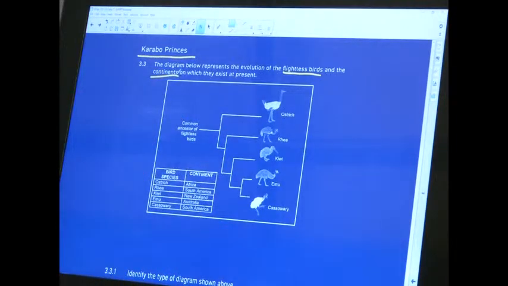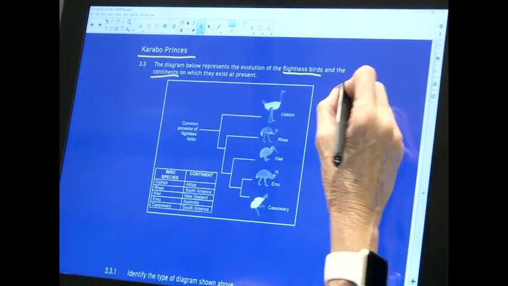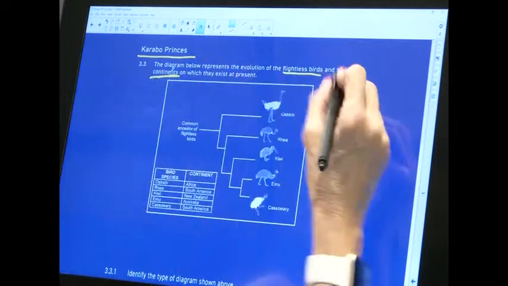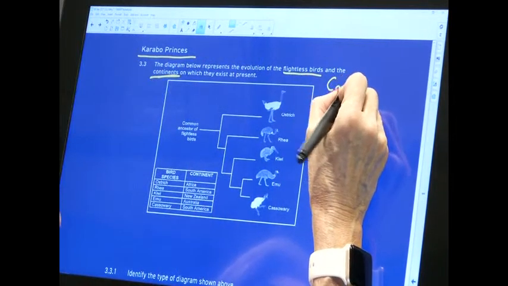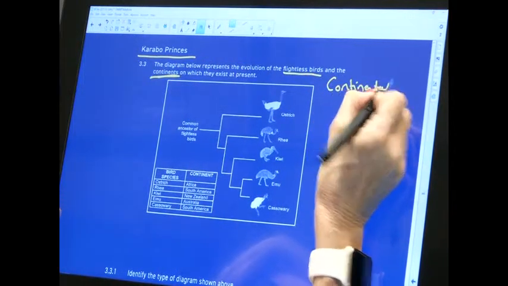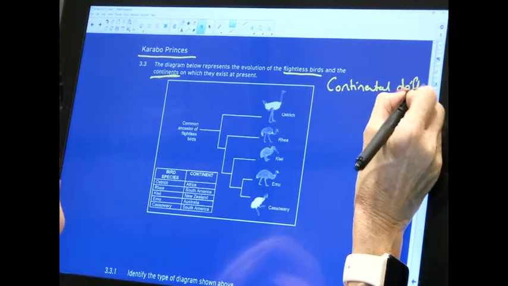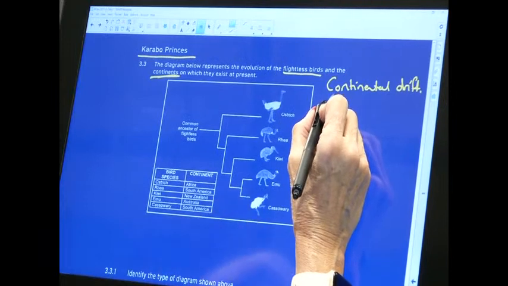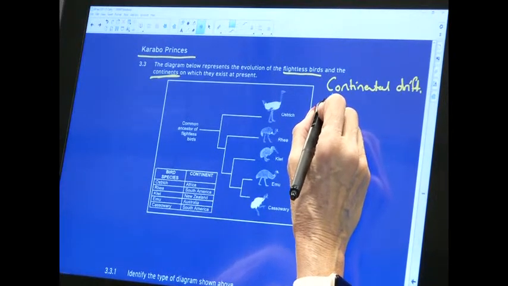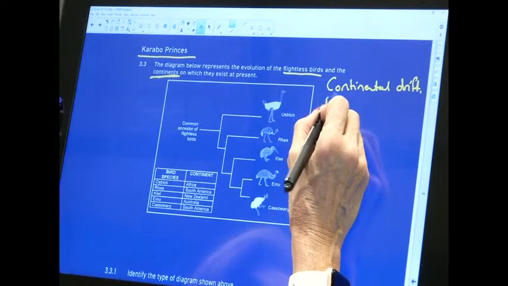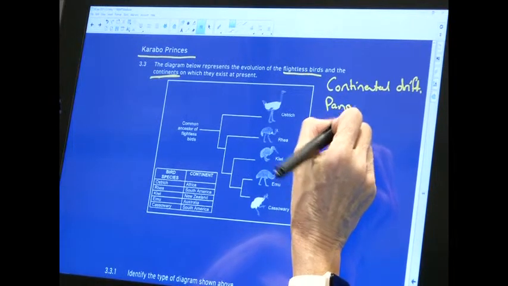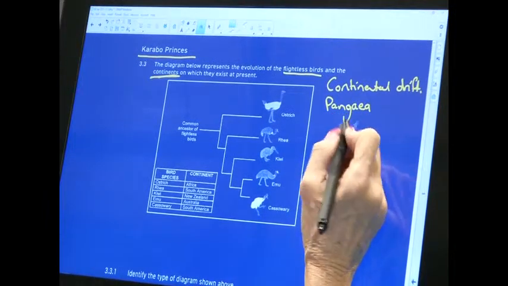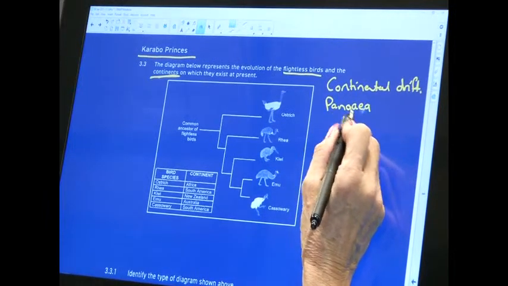Now, I've got some space here, so I just want to tell you this. The minute they talk about continents, they are referring to continental drift. So, the theory is that a long time ago, all the continents were just one big continent called Pangaea, which means one Earth, one continent.